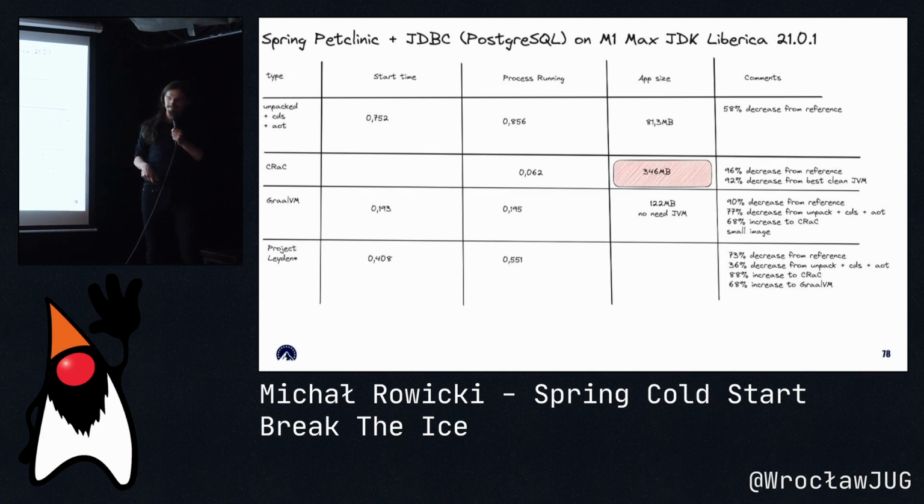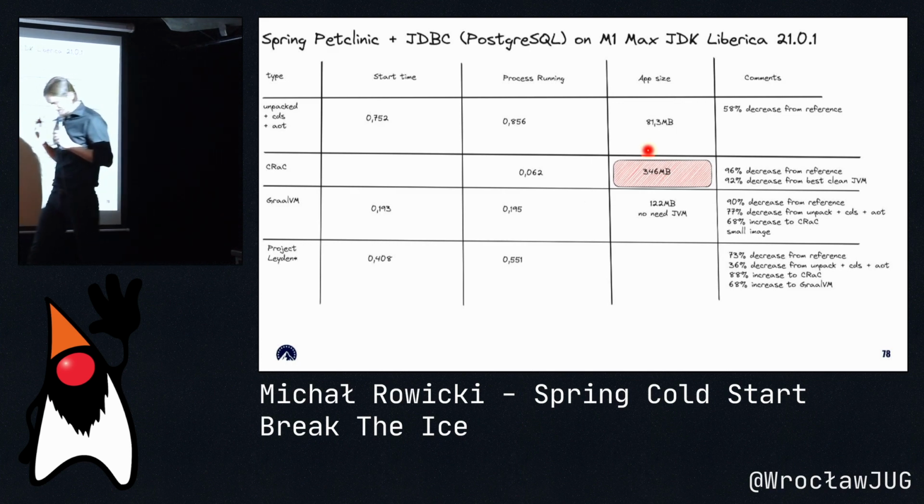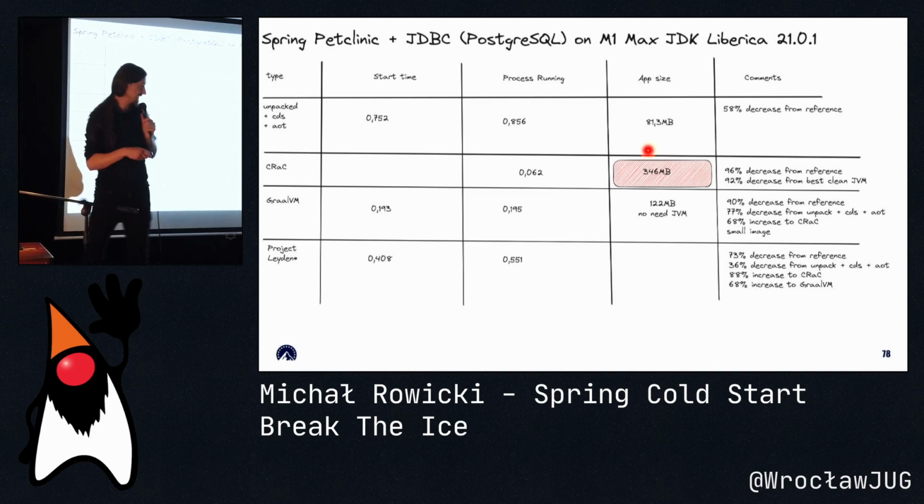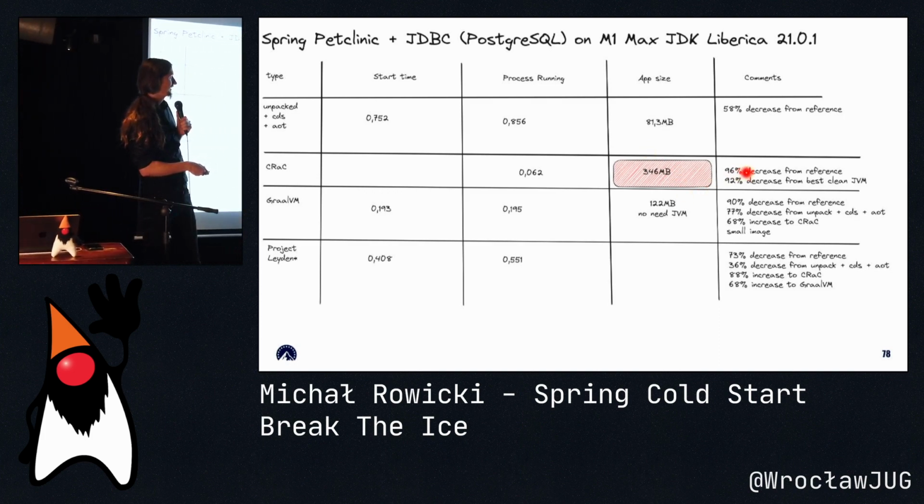In comparison with these brand new tools, which are shiny in the current presentation, CRaC, yeah, it's very, very fast. It starts constantly, but the app size with CRaC files is 350 megabytes. It will take time to send it to the node, and I'm not adding there the data which is needed for the JVM.